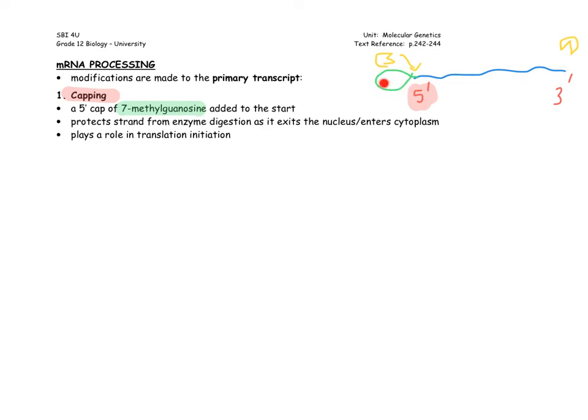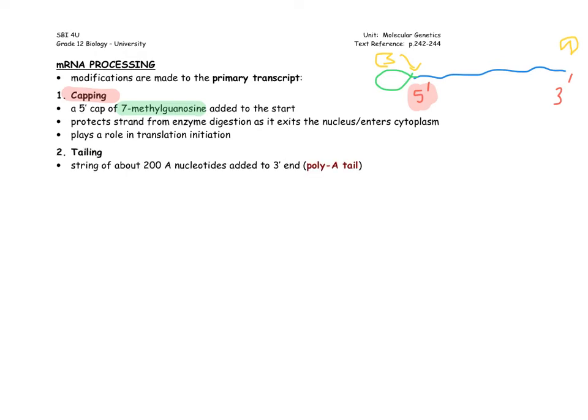Now, that cap also plays a role in helping our ribosome recognize that we want to start translation. There's an mRNA strand, we need to make a particular polypeptide. That cap at the 5' end of 7-methylguanosine will help the ribosome recognize what is going on. So that's one thing that happens.